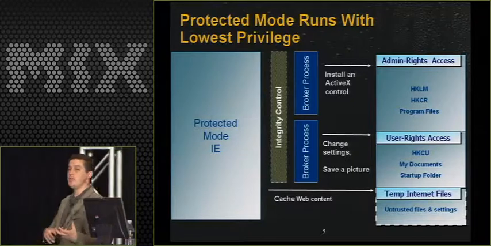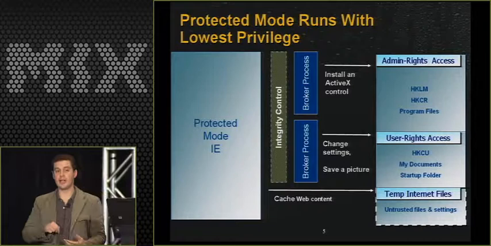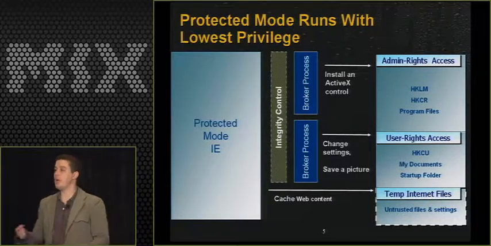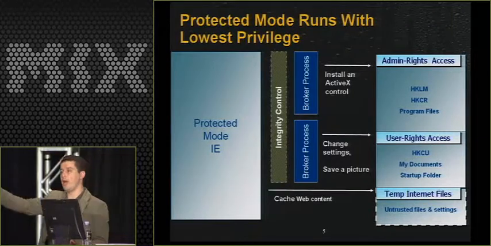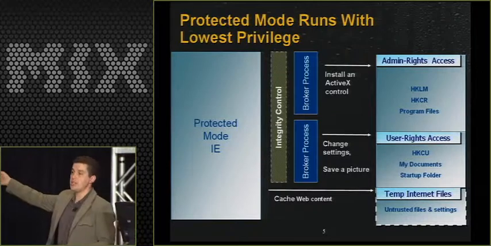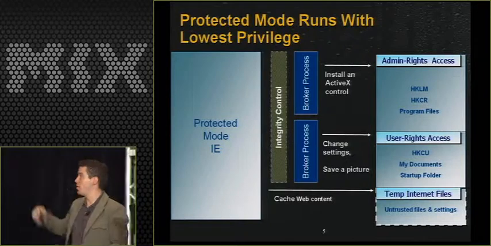Then imagine you've written a toolbar. You've written a search toolbar that's running inside of the IE process, and you want to save your settings. You want to record the places that you've helped the user search. Well, obviously, a toolbar wouldn't necessarily have the privileges to write into HKCU on the system if it's running inside of the IE process where IE's been restricted.